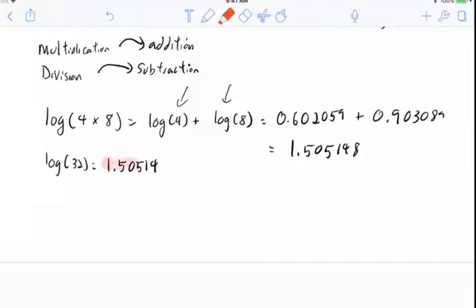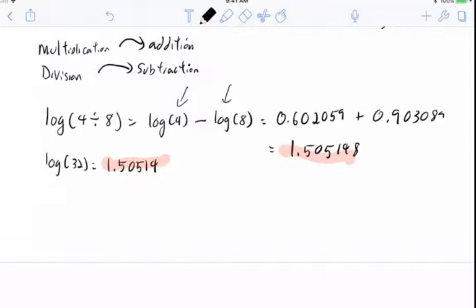They're the same number. It's true, you can. And the same thing goes with subtraction, or division rather. If you divide two numbers, that's equivalent to subtracting them.